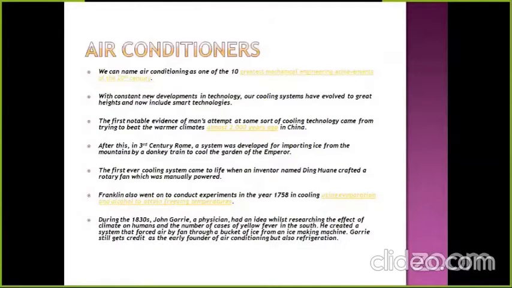Okay, so this rotary fan was one of the important parts of our vapor compression refrigeration system, what we'll be discussing right now.